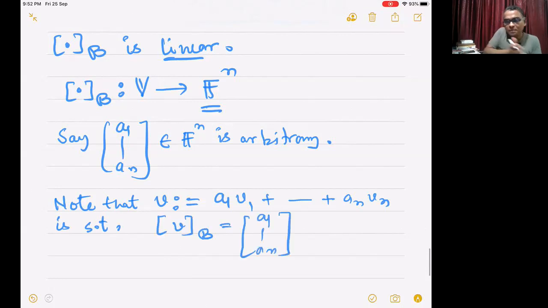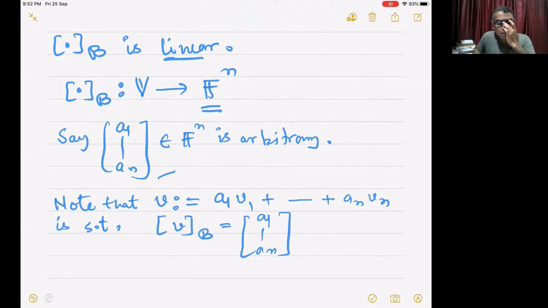So there is something in the vector space V which gets mapped to this n-tuple by this representation map, this identification map. So it's onto, right? Because this n-tuple was arbitrary. Yeah, this is onto.